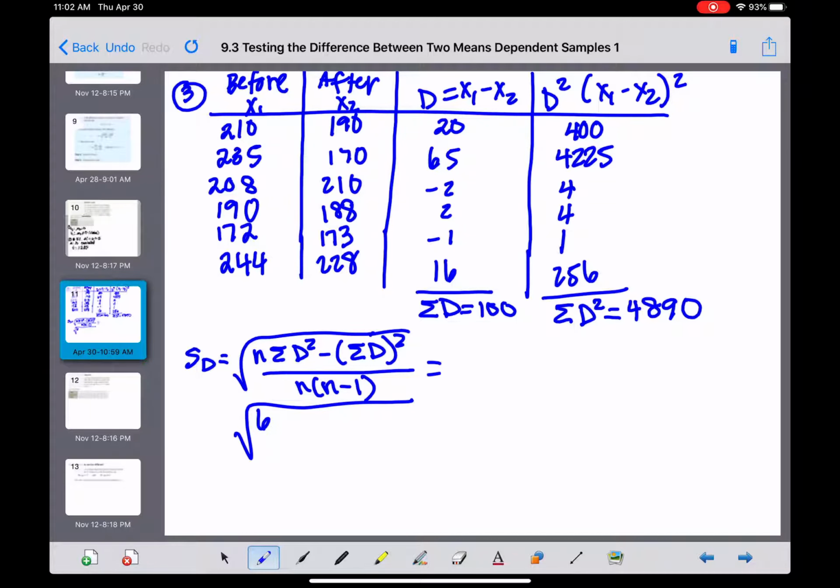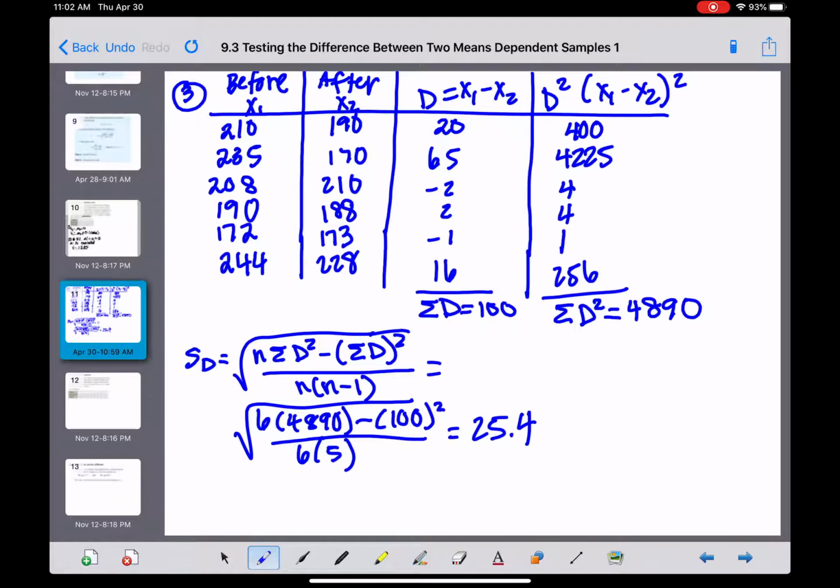Sum of d squareds is 4,890 minus 100 squared divided by 6 times 6 minus 1, so 5. And that value is 25.4. Okay, so we have our standard deviation.